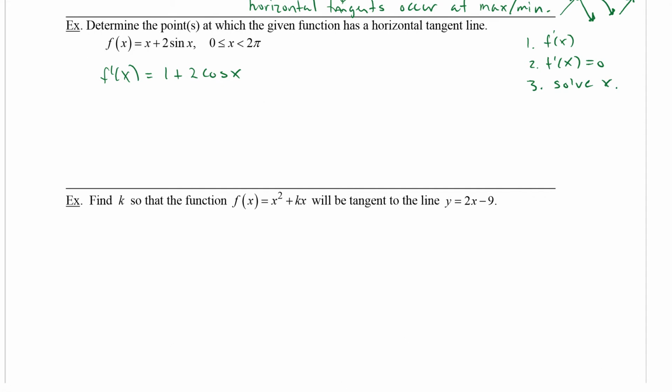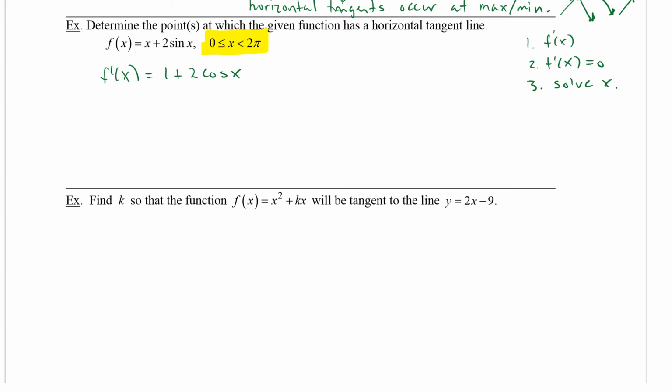Now, the thing about trig functions is that when you're solving a trig equation, there are an infinite amount of solutions. We're not interested in finding all solutions, and they even tell you how many solutions they want you to find. Only find the solutions that lie within 0 to 2 pi.